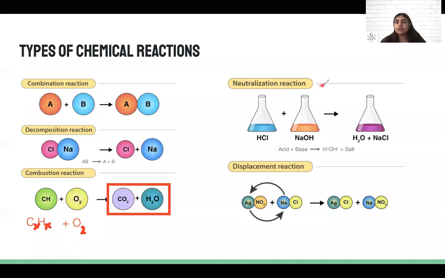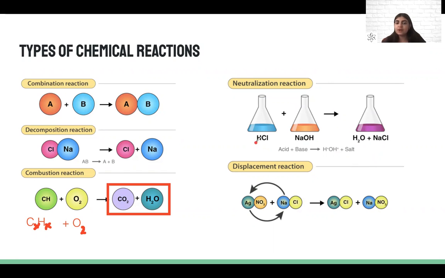Then we have a neutralization reaction, which is basically you have an acid and a base, and that gives you water and salt. So I know this is kind of confusing because we haven't gone over acids and bases yet. However, we will really, really soon.